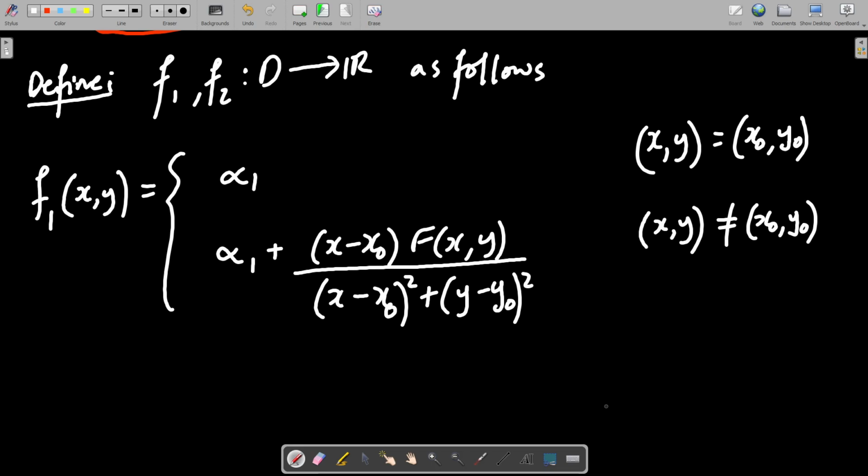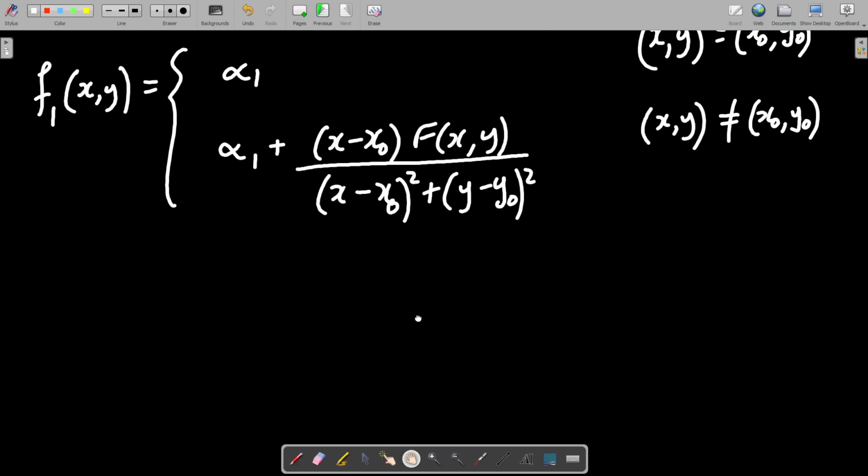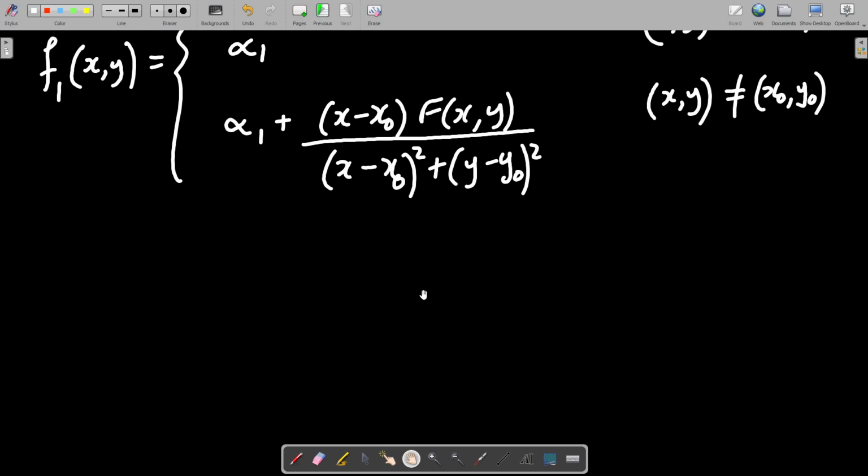Next we'll be defining f2 as follows. Do the same thing, but instead of alpha 1 just write alpha 2.